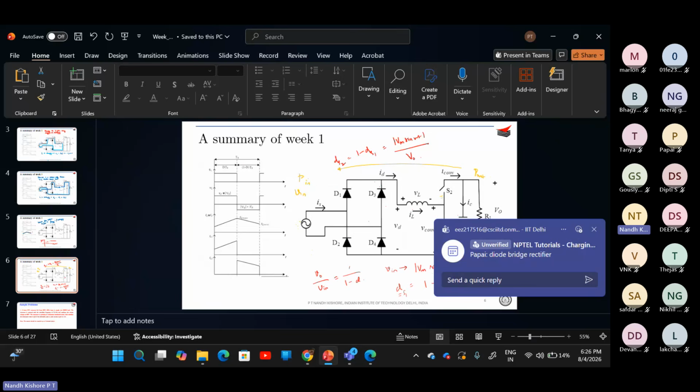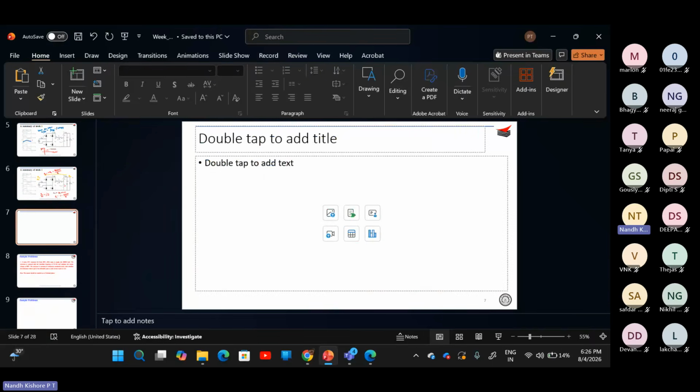The answer is not because of S1 and S2, it is because of your diode bridge rectifier. We will revisit the basics of power electronics. Over here S1 and S2 have been represented by generic switches, but mostly they are realized with MOSFETs. By the way, this is the symbol for a power MOSFET.